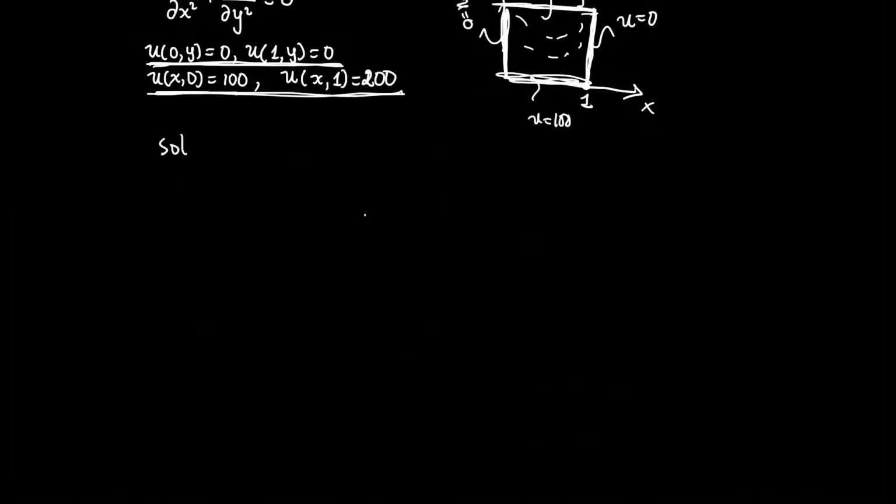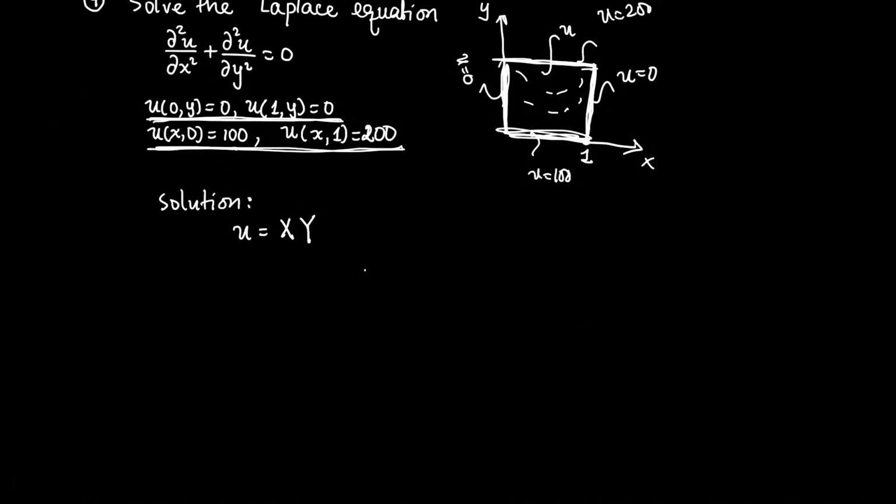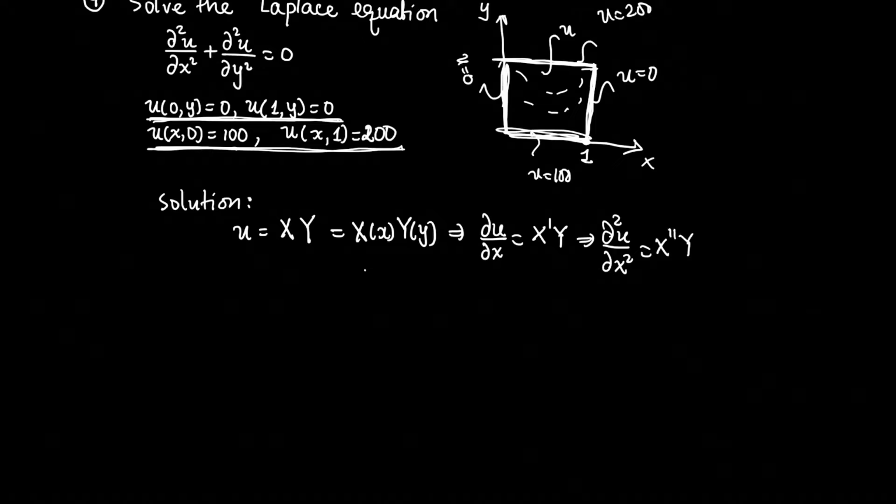Let's say U equal to X times Y, because we have U as a function of X and of Y. There's no time here, where X is some function just of X and Y some function just of Y. We have U_x = X'Y, U_xx = X''Y, then U_y = XY', then U_yy = XY''.